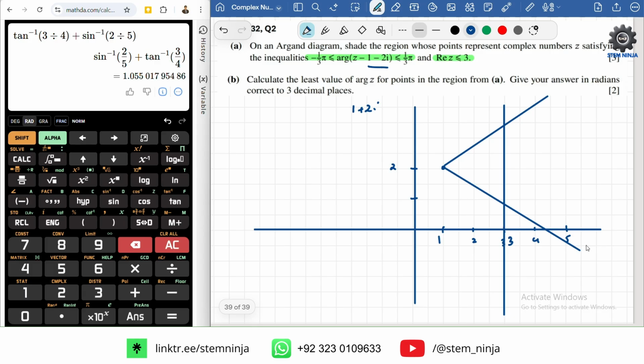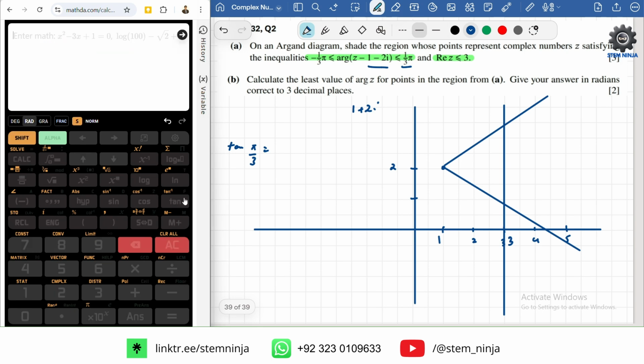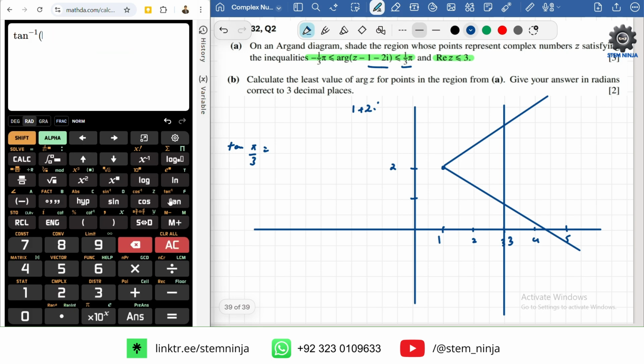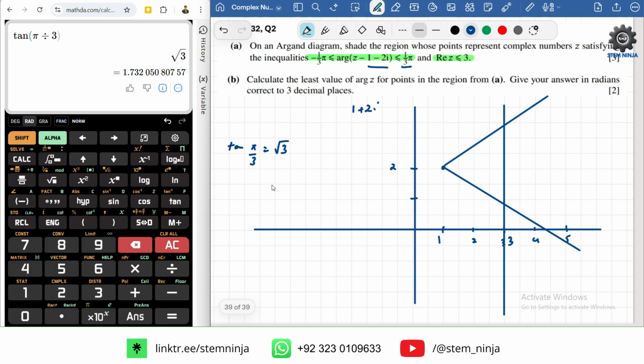at least the rate of change, right? So this is pi by 3, so tan of pi by 3, I think we calculated over here, is root 3. And root 3 is 1.7, so that means one unit change should get you 1.7 change.